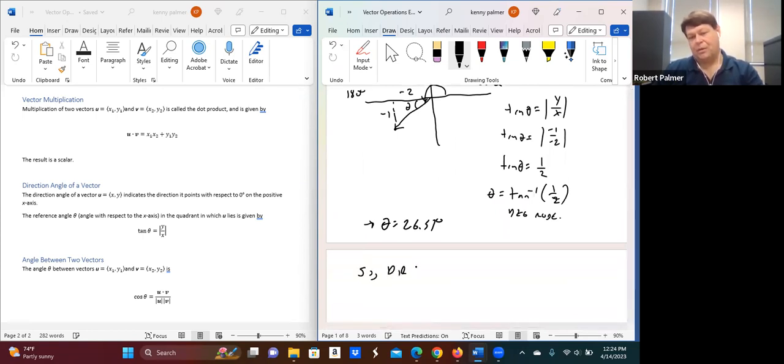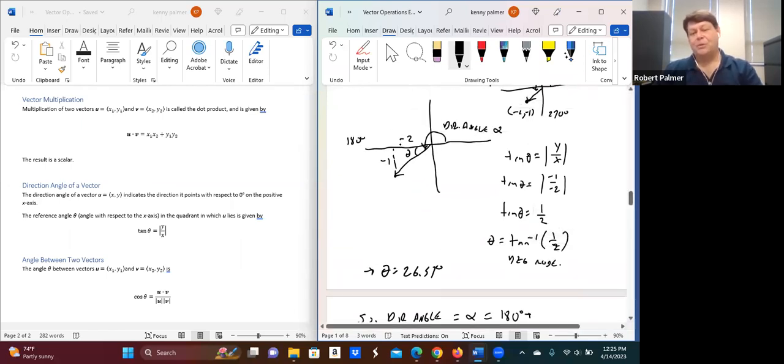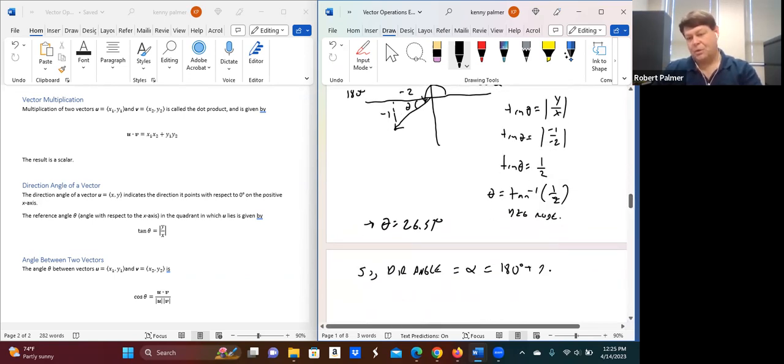Our direction angle alpha is equal to 180 plus 26.57 degrees. Which quadrant we're in depends on what you do with that reference angle. So that's going to be 206.57 degrees. That's our direction angle.